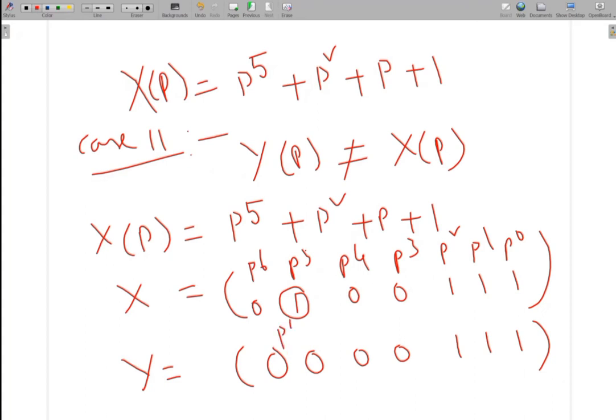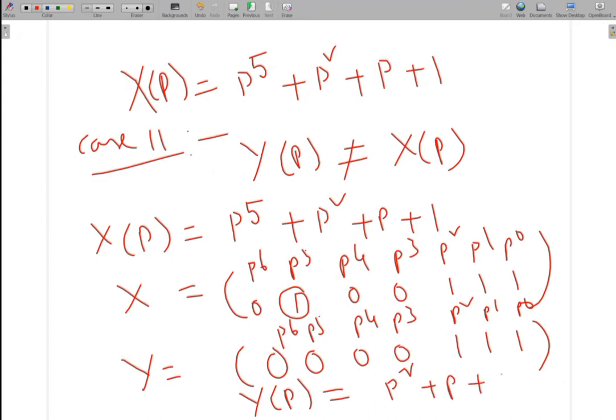This one is p power 6, p power 5, p power 4, p cube, p square, p power 1, p power 0. Therefore, y of p is equal to p square plus p plus 1.